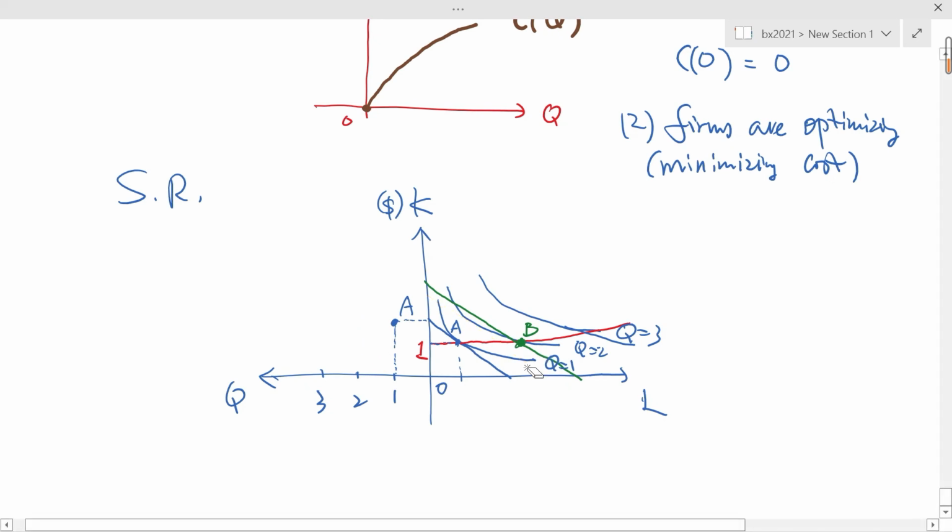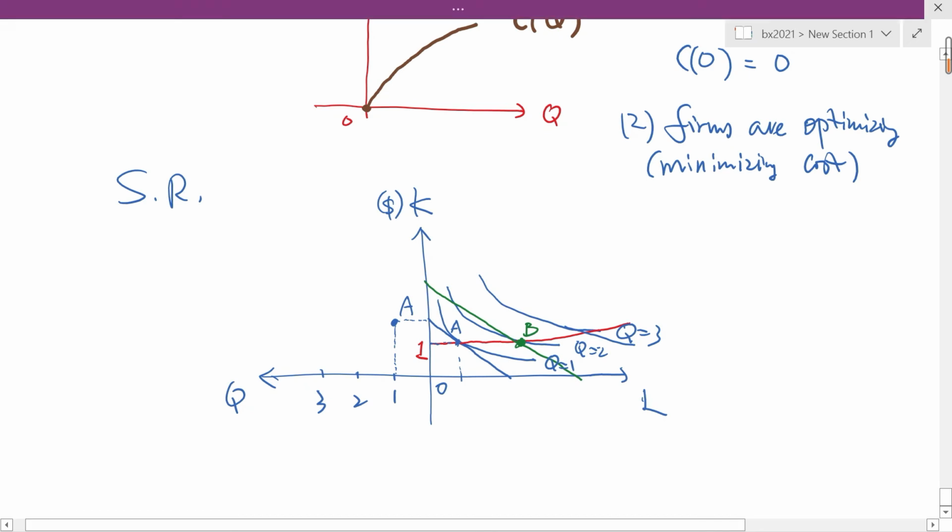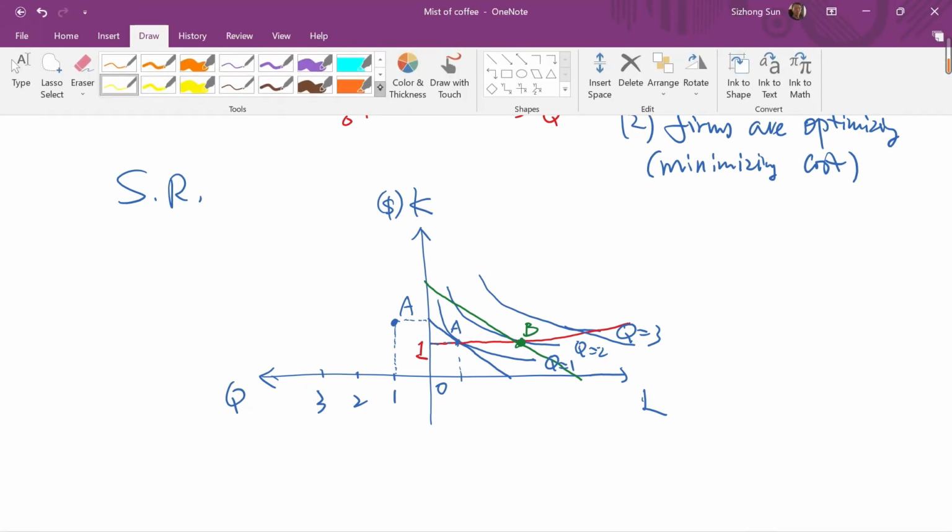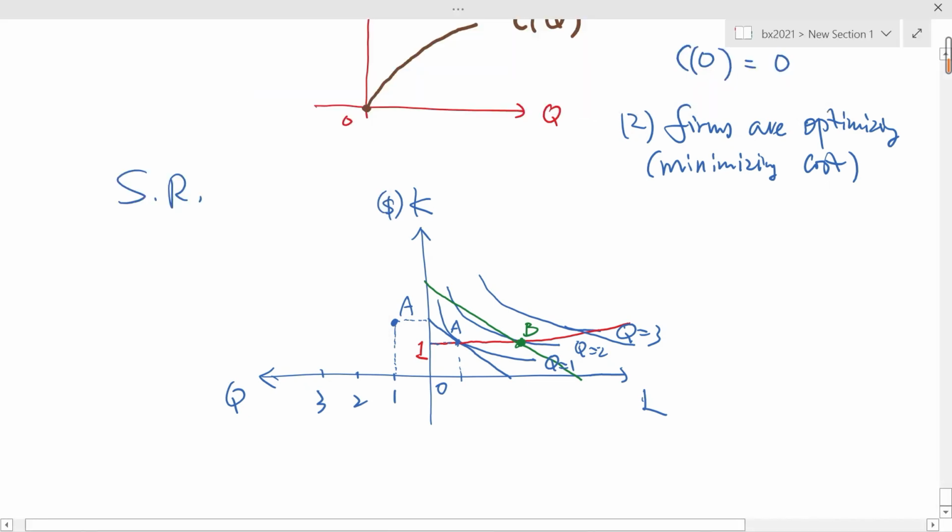Let me erase this. So to produce 2 units, the associated cost is at point B here.